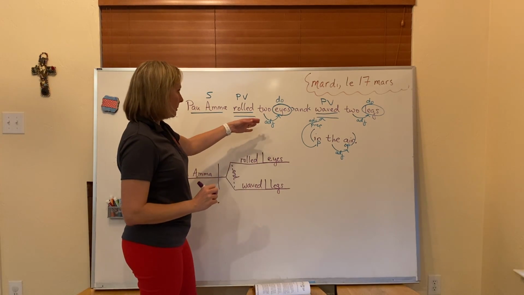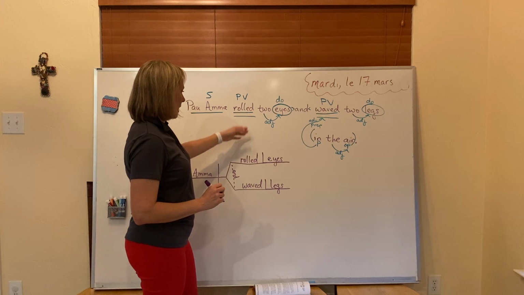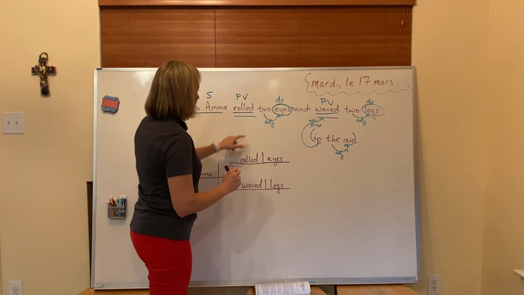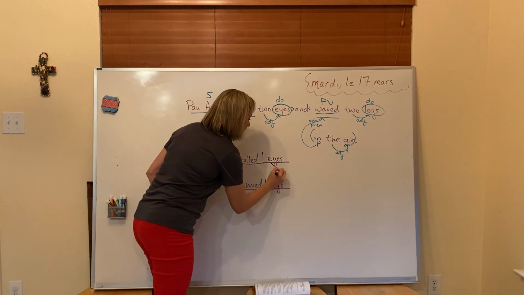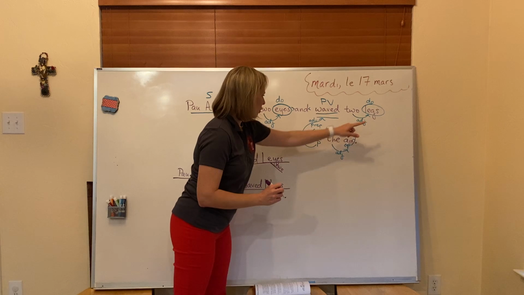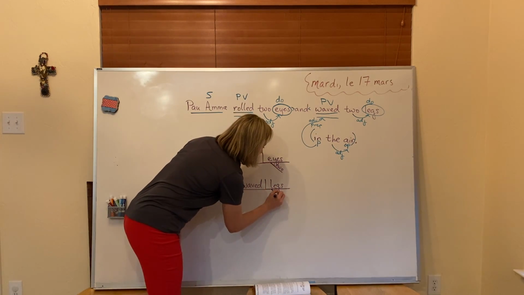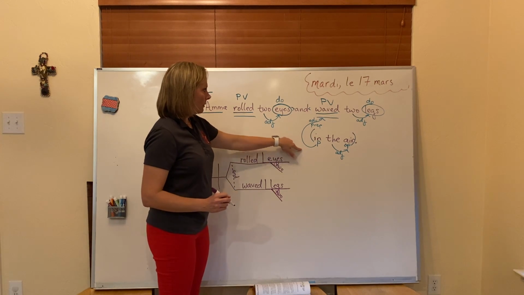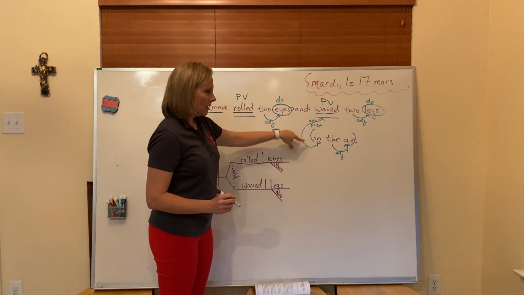Now, do we have any modifiers for any of these words that we've diagrammed in our main sentence? Yes, we do. Two eyes. And waved two legs. And also, we have a modifier for waved, in the air.